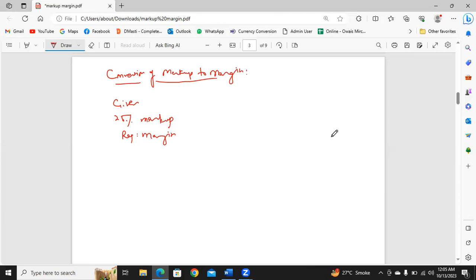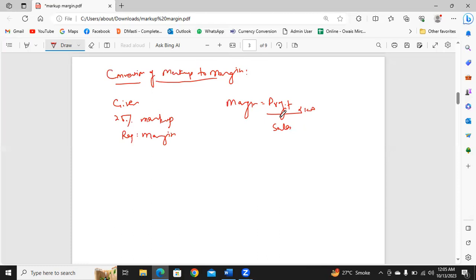Simply see, what is markup? Markup is profit percentage on cost, and margin is profit percentage on sales. Now we have to find out the margin, so it is profit on sales.